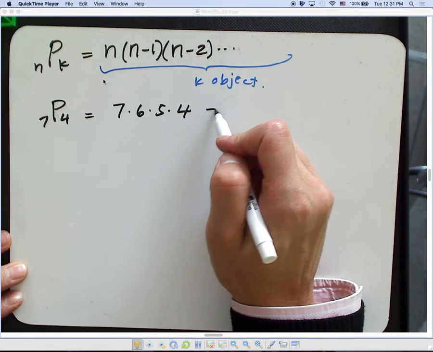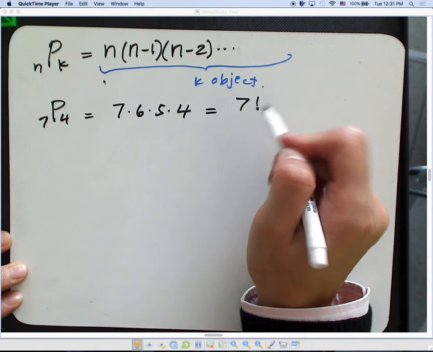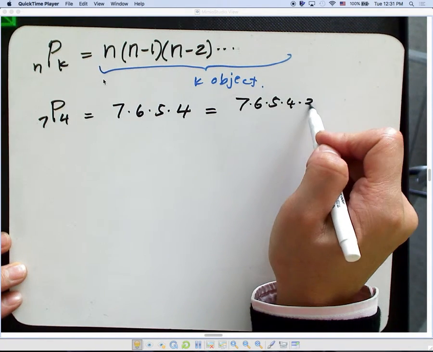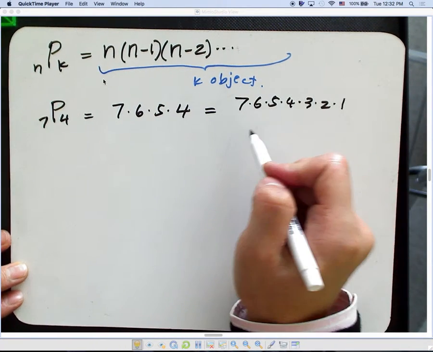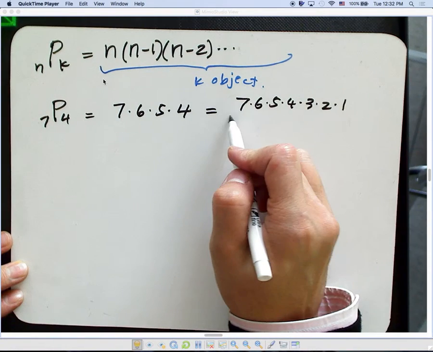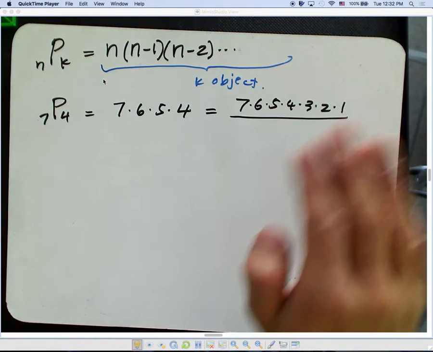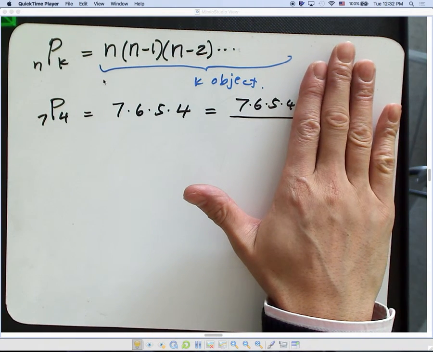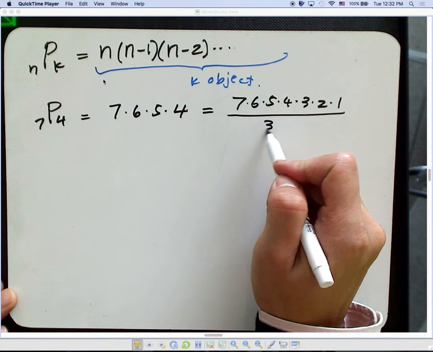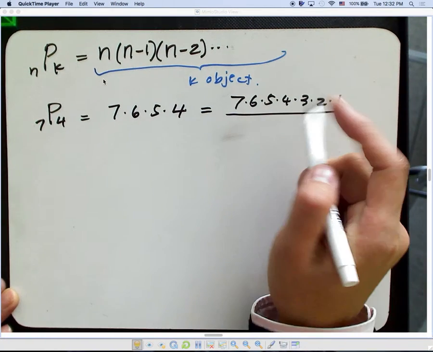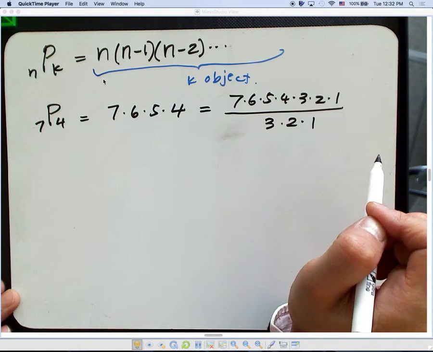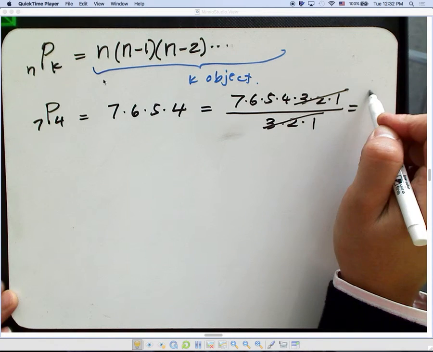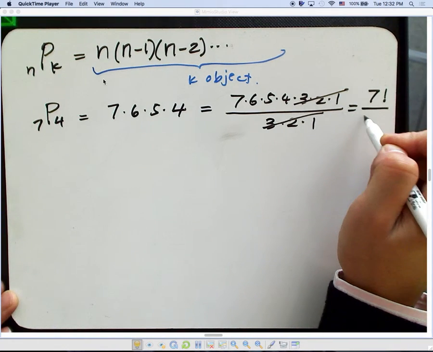This is equal to 7 factorial, which is 7 times 6 times 5 times 4 times 3 times 2 times 1, divided by 3 times 2 times 1, so that cancels out. So this is equal to 7 factorial over 3 factorial.